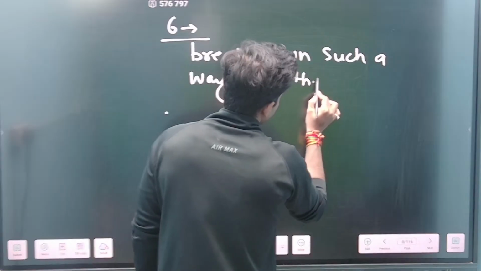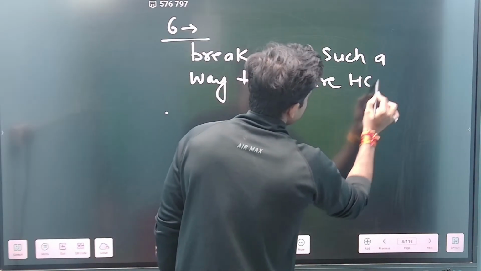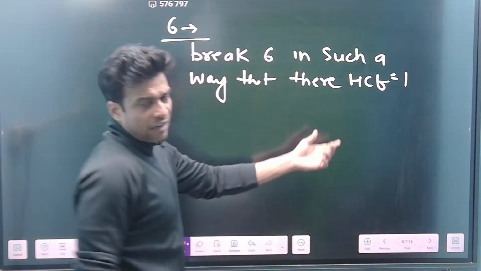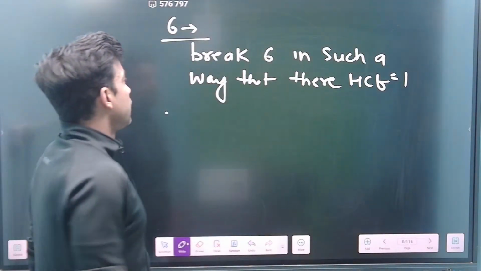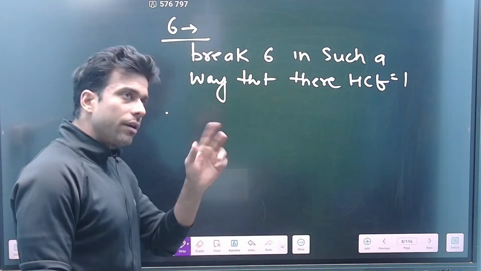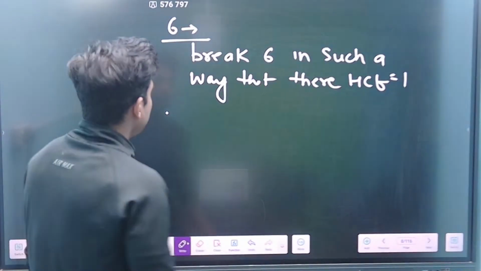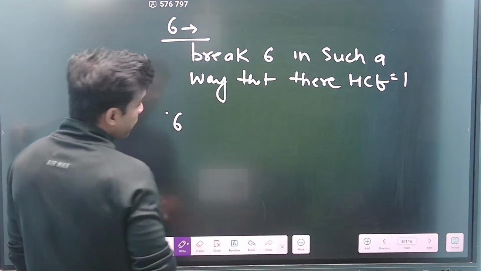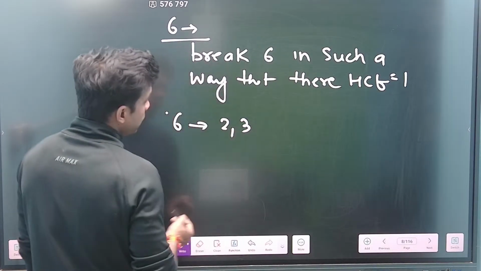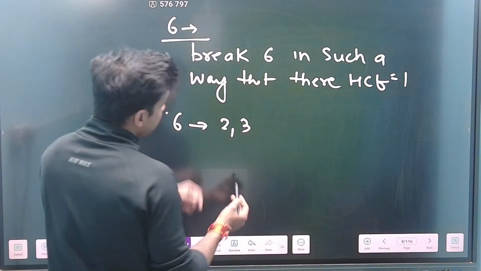We'll talk later about what HCF is, but the breaking part would be such that the common part would be 1. So now you can write down, you can break this 6 as 2 and 3, correct? Always remember the common factor between 2 and 3 is only 1.